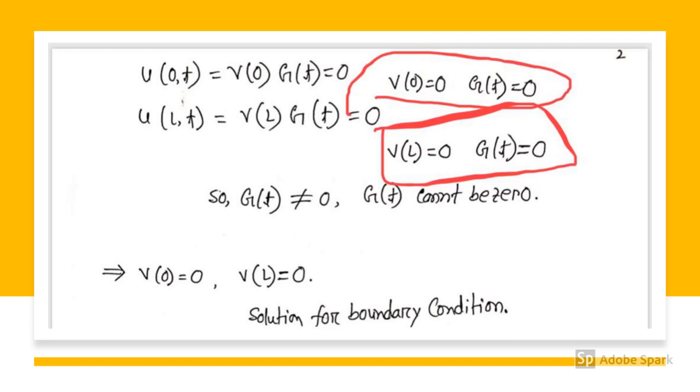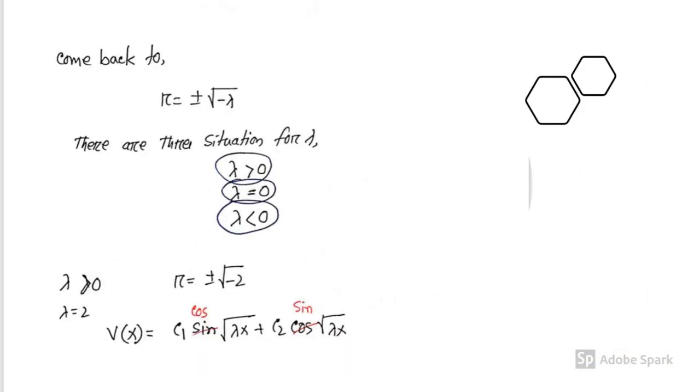So G(t) cannot be 0, so we cannot accept G(t) equal to 0. So V(0) equals 0 and V(L) equals 0. This is the solution for the boundary conditions.